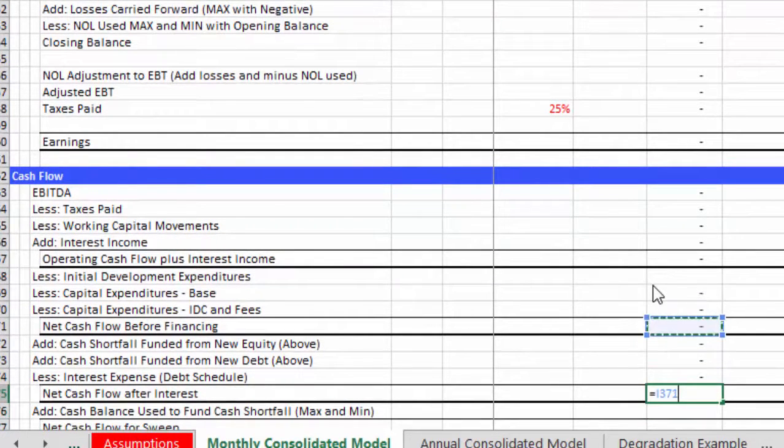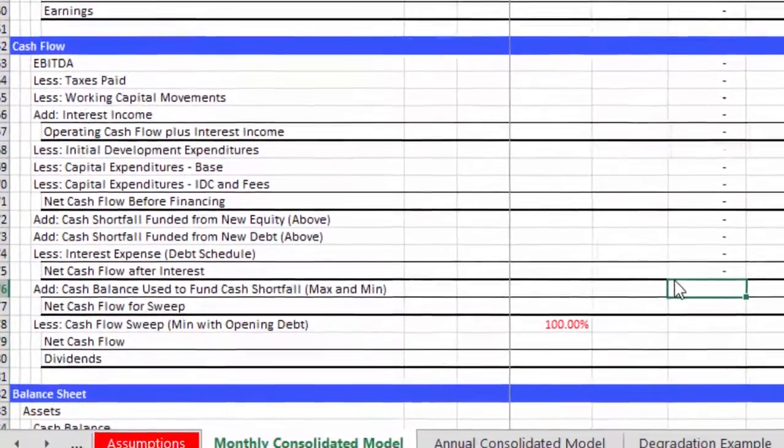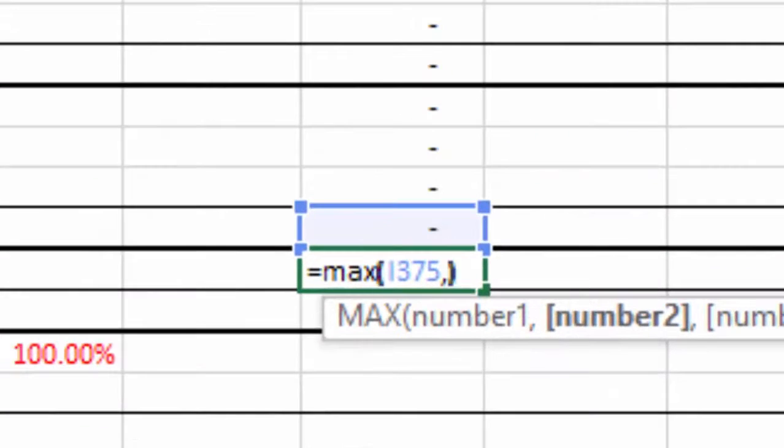And then we have another subtotal, and for the subtotal, I just add these things. Okay, that's pretty boring. It's really kind of easy. Now, when there's some additional cash available, I can make sure that cash is positive, okay?